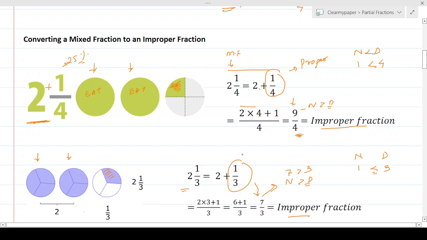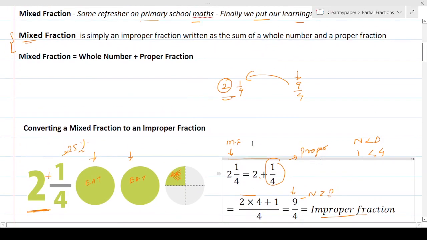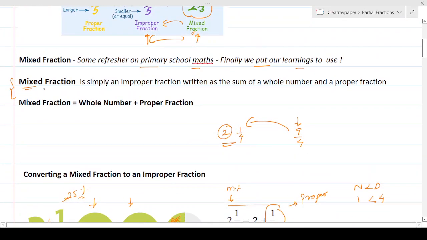So this part is a proper fraction. What in essence is a mixed fraction is nothing but a combination. It is essentially an improper fraction, but the way it is expressed is you have two parts: one is a whole number, and then you add a proper fraction to that.